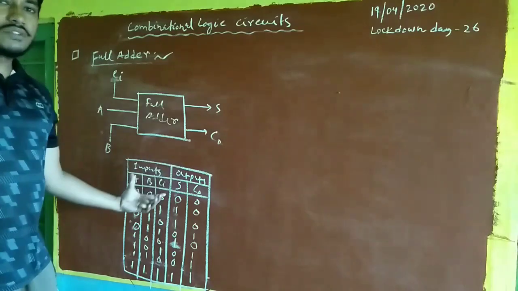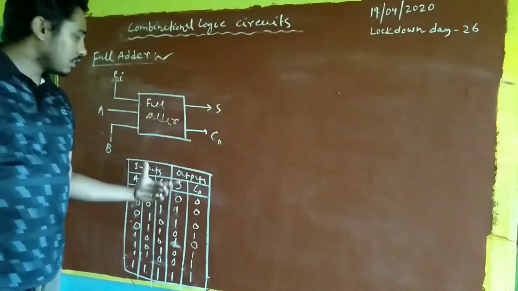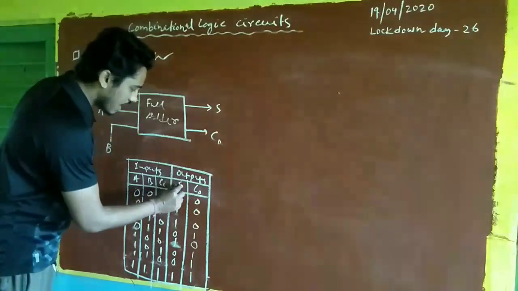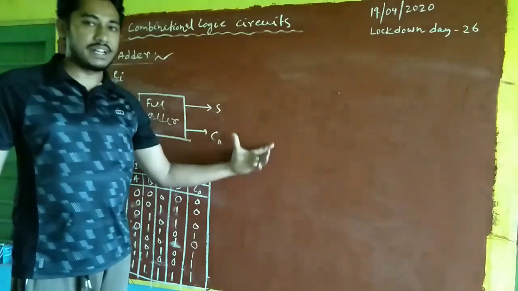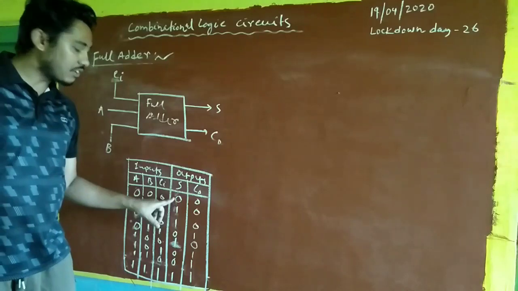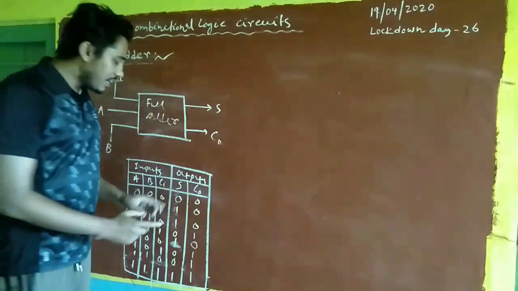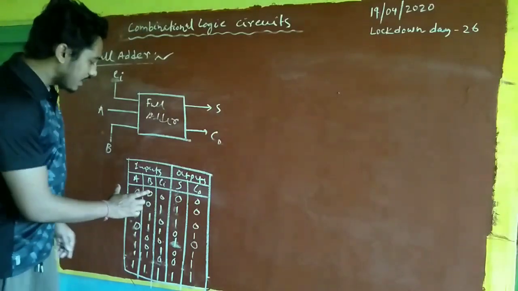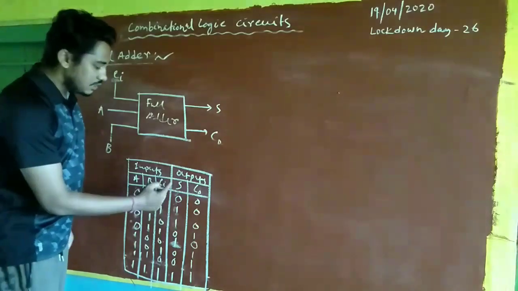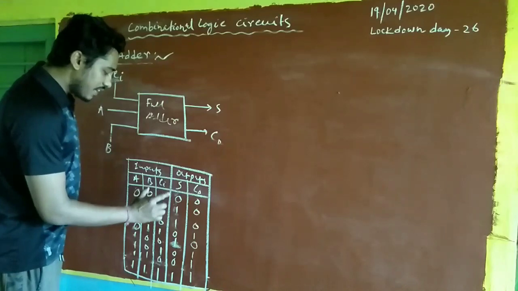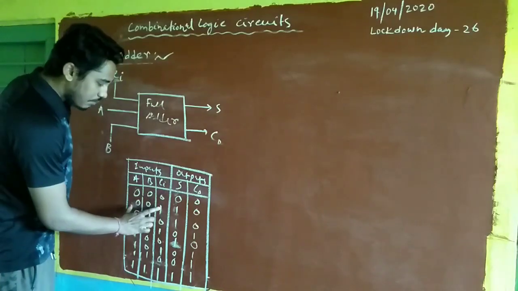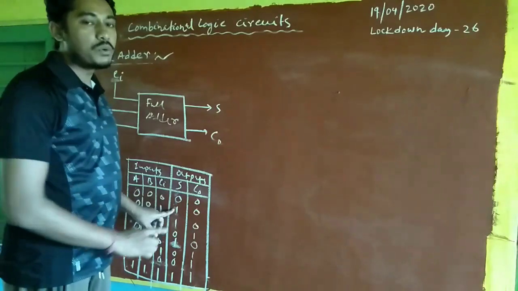Now from this truth table of full adder, we can write the logic expression of sum and of carry out easily. How to write the logic expression for the sum output? It is simply by summing up all those input combinations for which the sum output is 1. Again I am repeating, by summing up all those input combinations for which the sum output is 1.